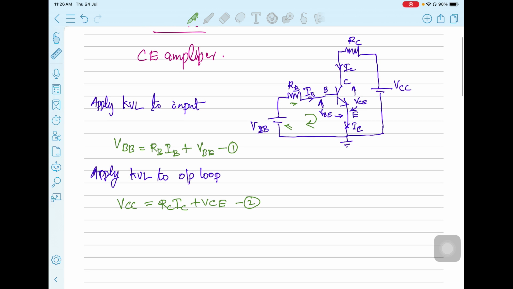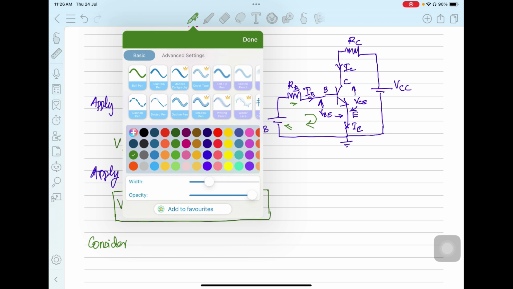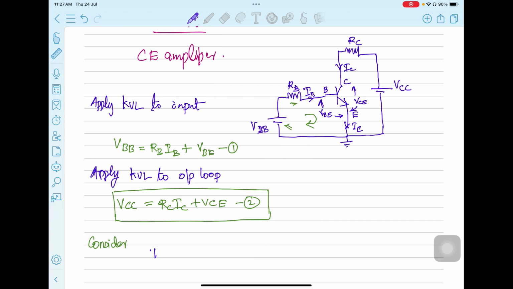Now I'm going to apply two conditions. We took this particular equation as the output when we apply KVL to the output side. In this, we will take IC equal to 0.